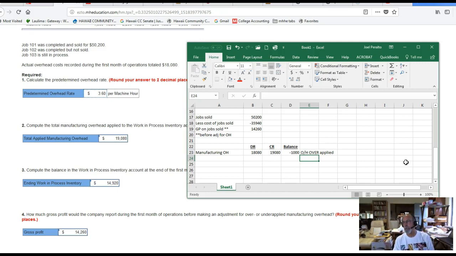That means we took out more overhead and moved it into production than we actually incurred for the period. So we are over-applied.